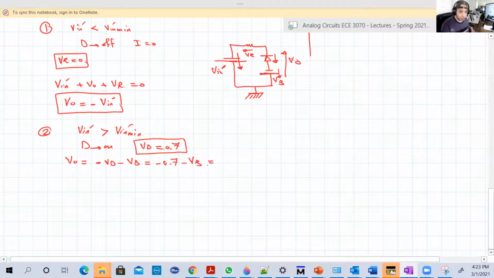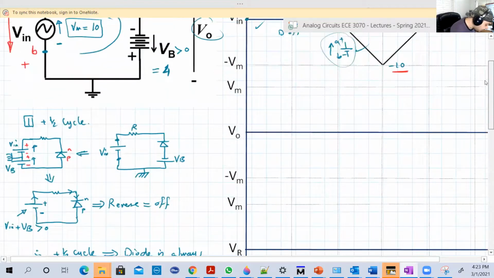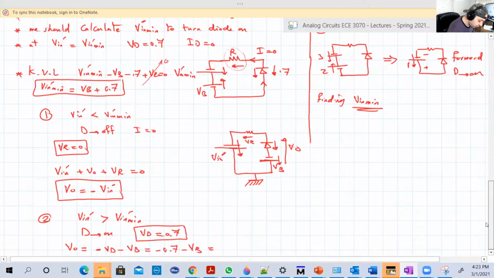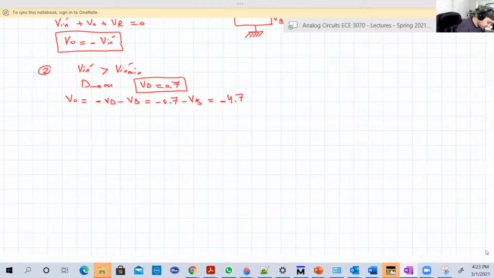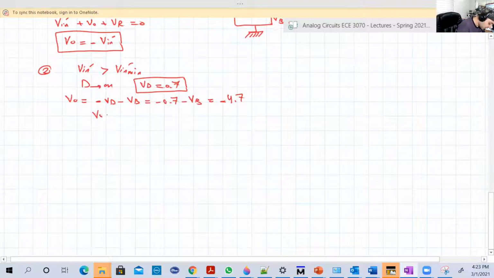If we wanted to compensate, it's really easy. VB is 4. We assumed it's 4. So it will be minus 4.7. So there will be clipping at minus 4.7. So VO is constant now, equal to minus 4.7.